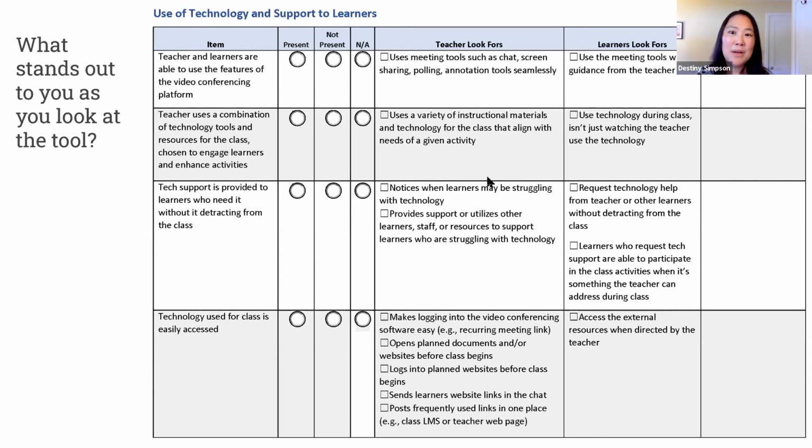So for example, for somebody that is providing tech support, the teacher is able to notice when learners might be struggling with the technology. And so it allows teachers that are new to online learning or teaching or still building their skills to get a sense of what they're trying to work towards in order to provide high quality online instruction.